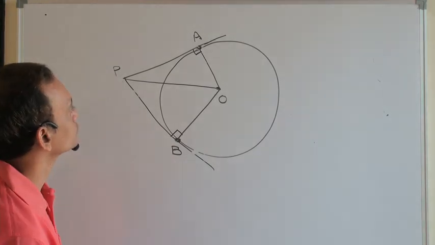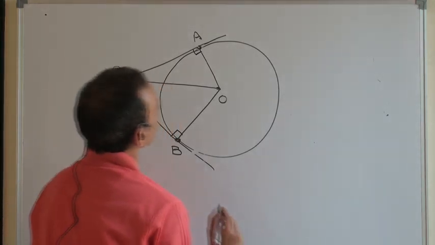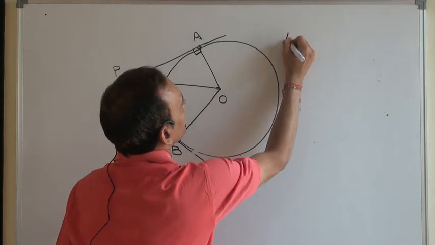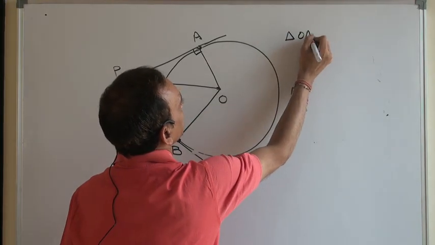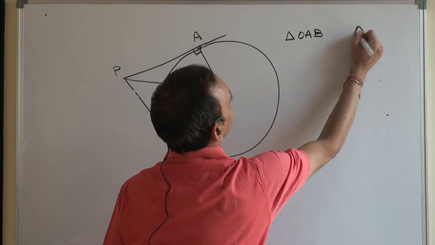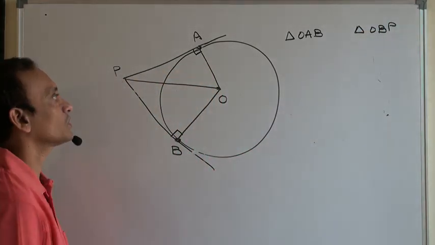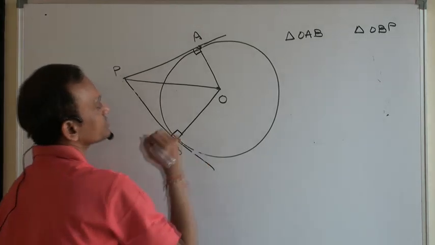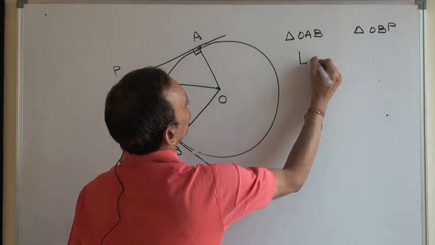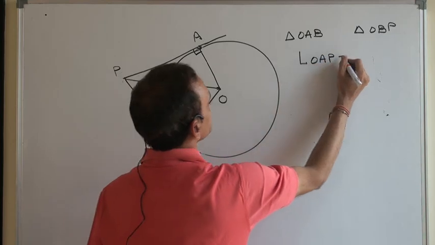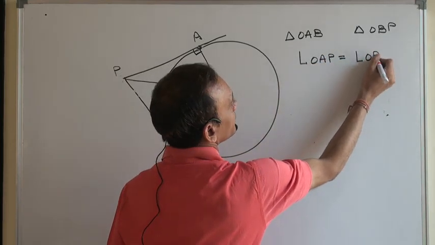Now, let me compare triangle OAP with triangle OBP. Let me compare these two triangles. Now, these are right angle triangles. Do you see that? Angle OAP is angle OBP.